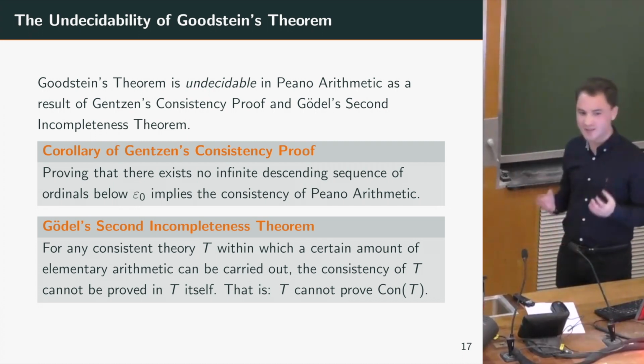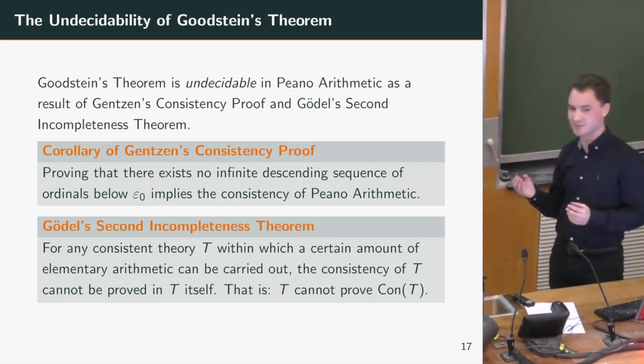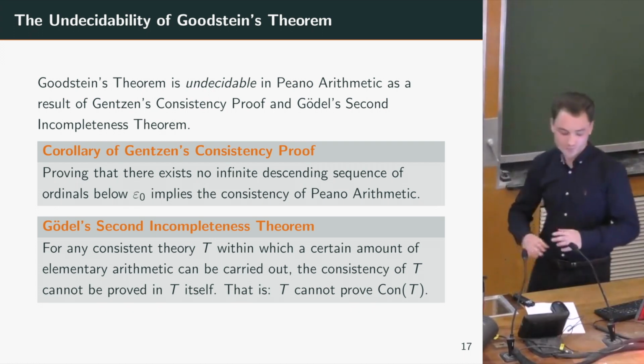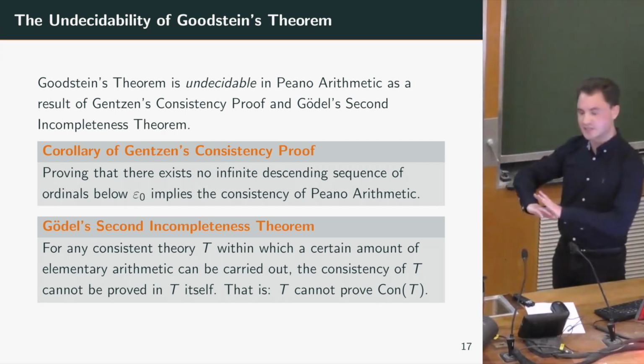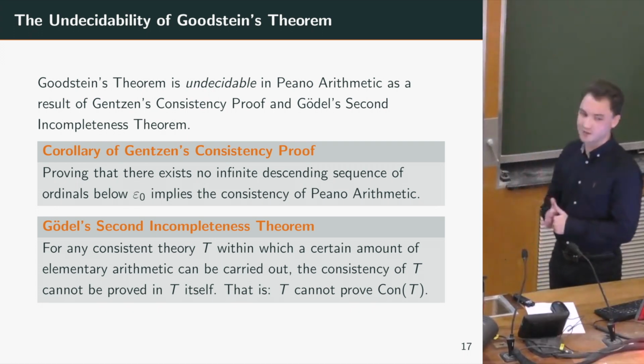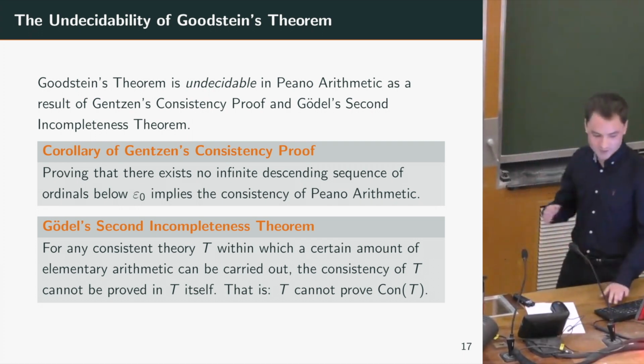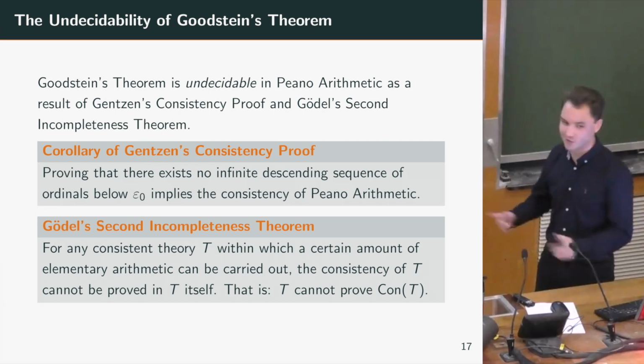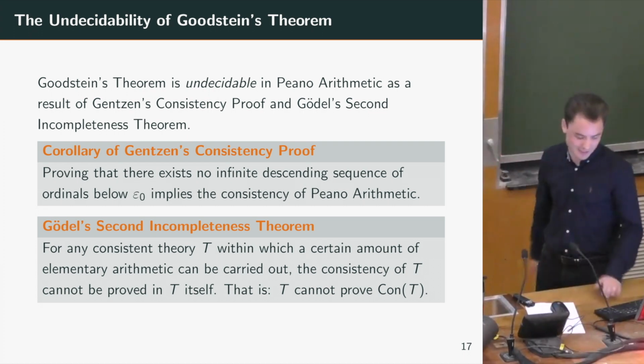And so this is where the interest comes from. It's an independence result from Peano arithmetic, and it's a number theoretical one at that, which is really interesting because since the publication of Gödel's incompleteness theorems, mathematicians were looking for a number theoretical independence result for a long time, and Goodstein's theorem is precisely this.